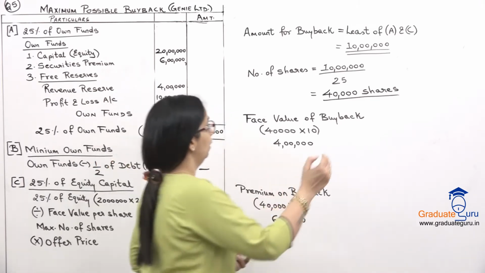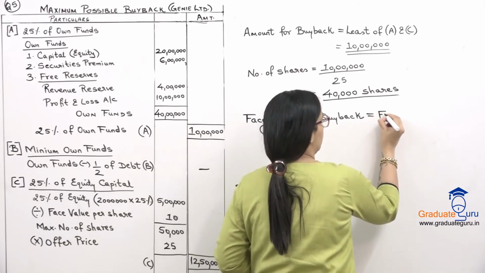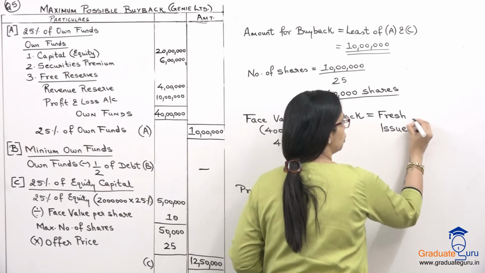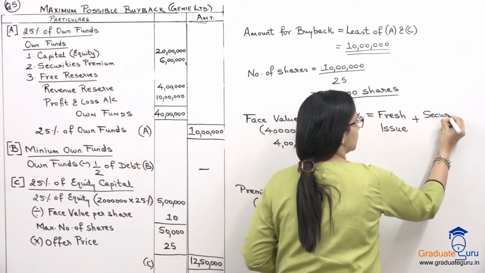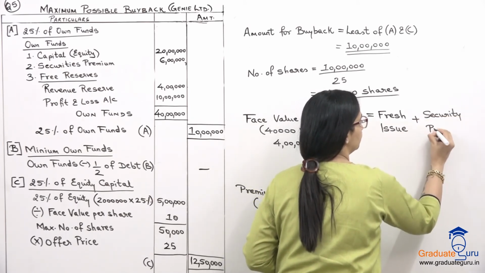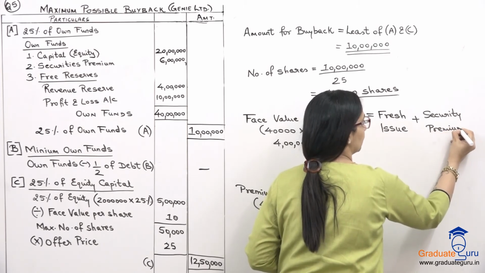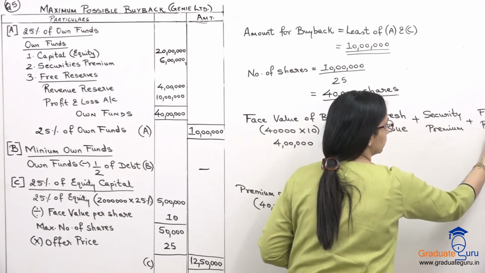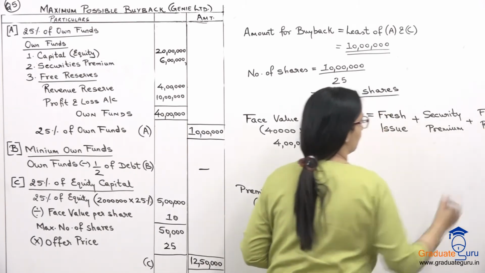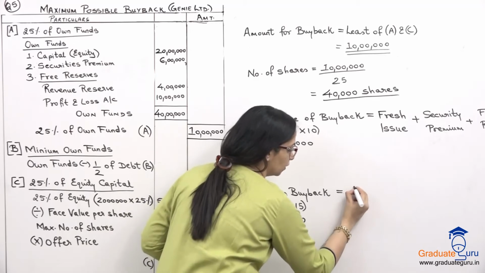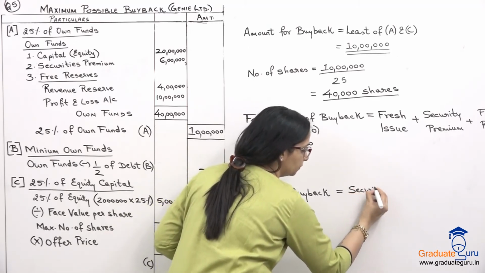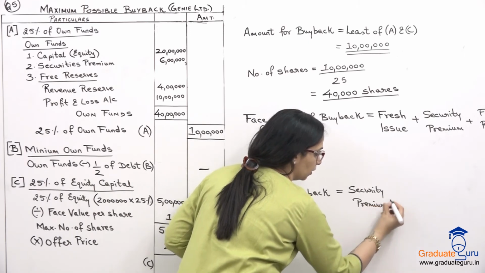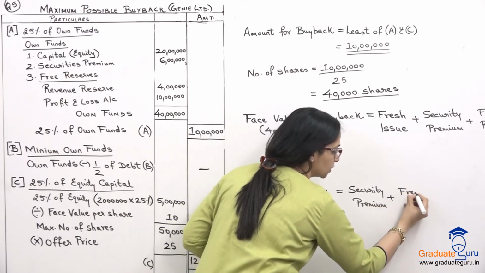Okay. Now, what are the things we use for face value? Fresh issue, security premium, and free reserves. And here, security premium plus free reserves.